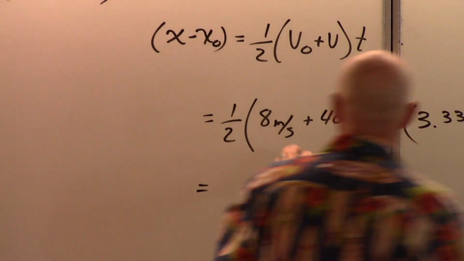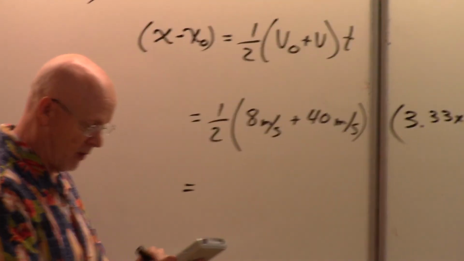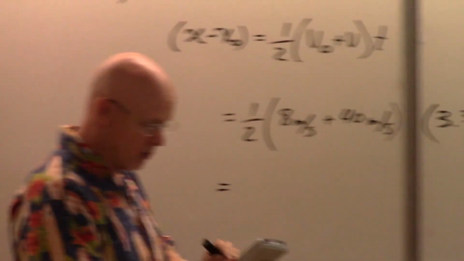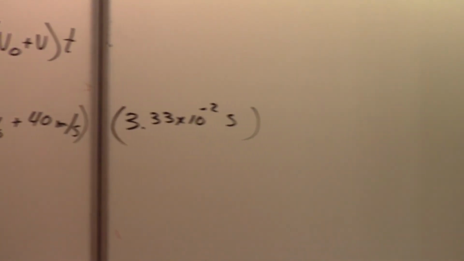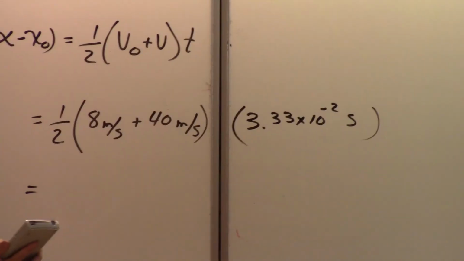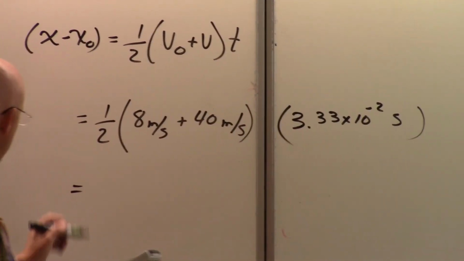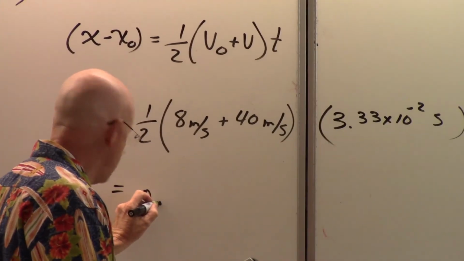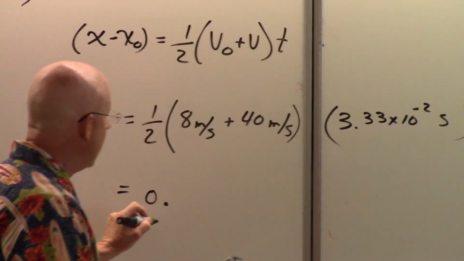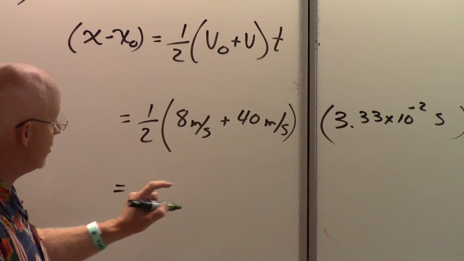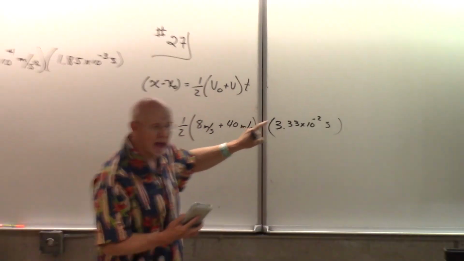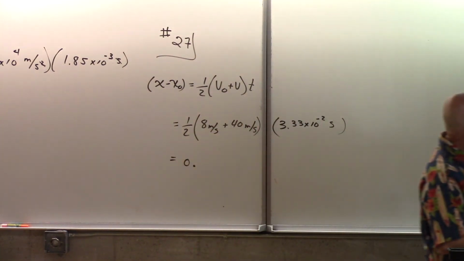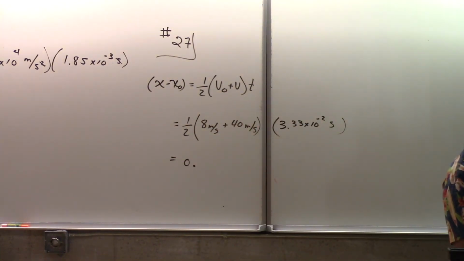In fact, this is 48 cut in half. That's a 24, so my average speed is 24 meters per second. And then I will multiply by 3.33 times 10 to the negative 2. And let me just count significant figures. I've got 3 here, and I don't think I wrote it like they did. I should have. But they've got 3 significant figures for the 8.